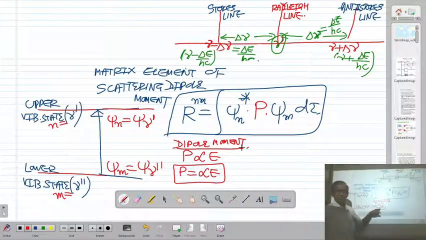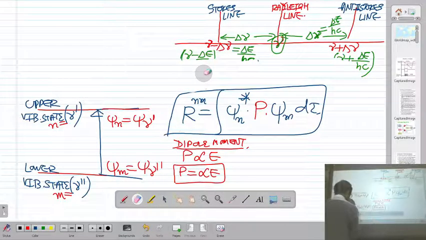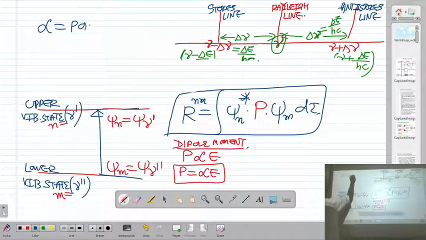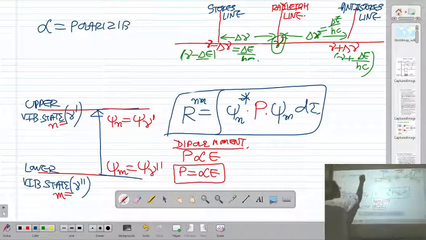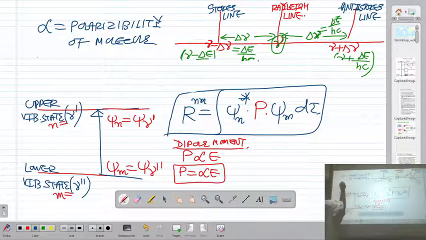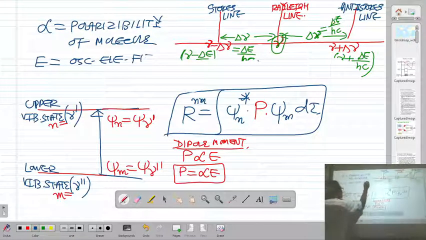What is this alpha? Alpha is called the polarizability of the molecule.